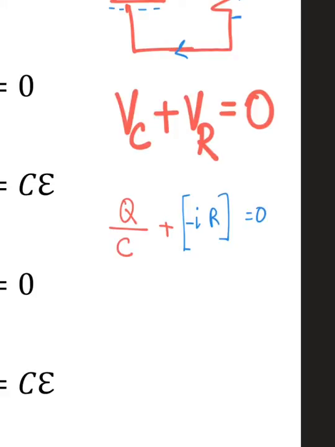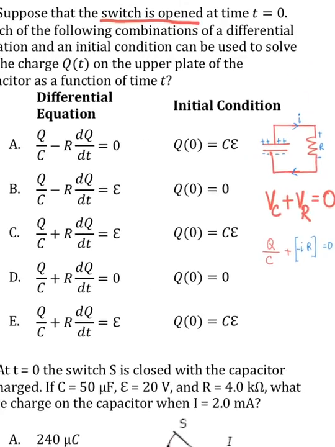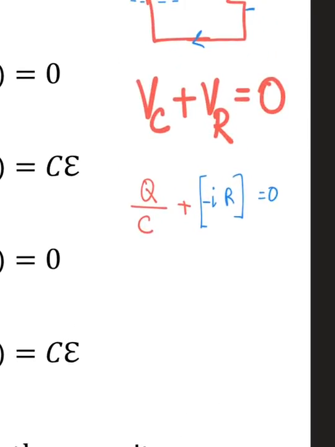Now a few things which we'll do here, because in all the equations they are using capital Q, so we'll stick to capital Q, and we are going to write this as Q over C plus negative dq over dt multiplied by R equal to 0. Now we will see that the charge on the capacitor is going to decrease, so this term dq over dt will itself be negative.